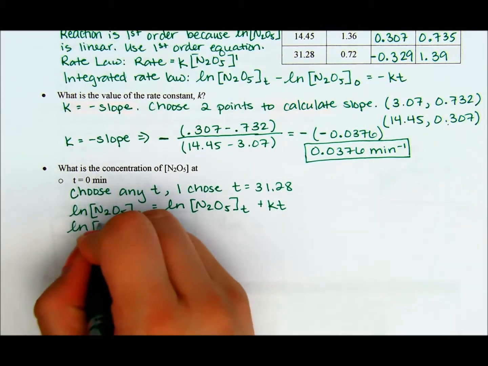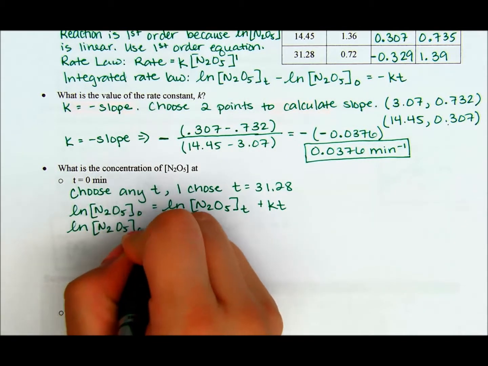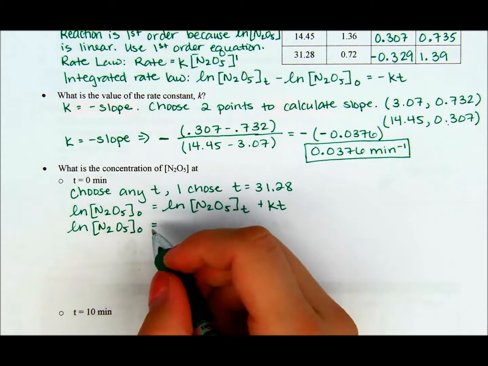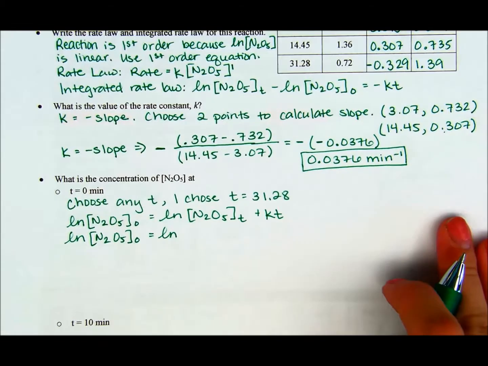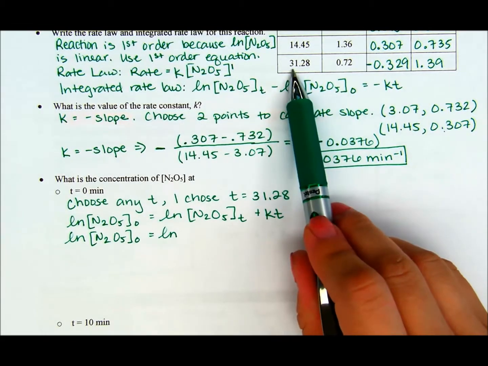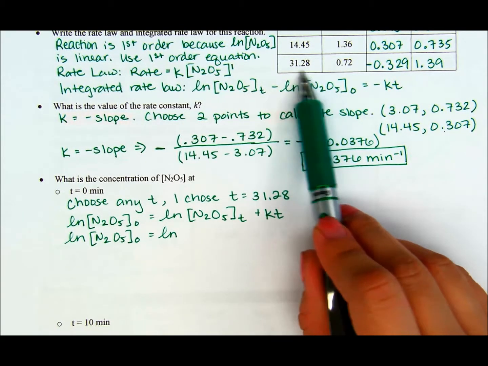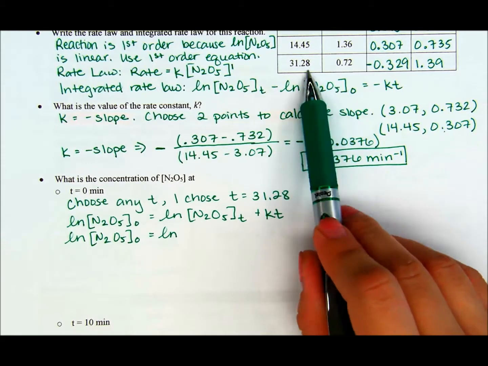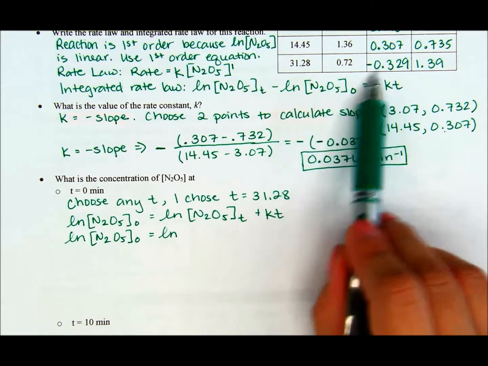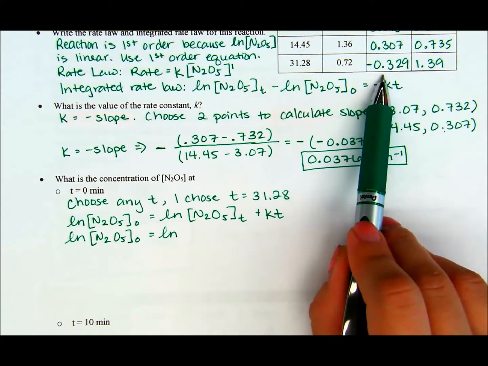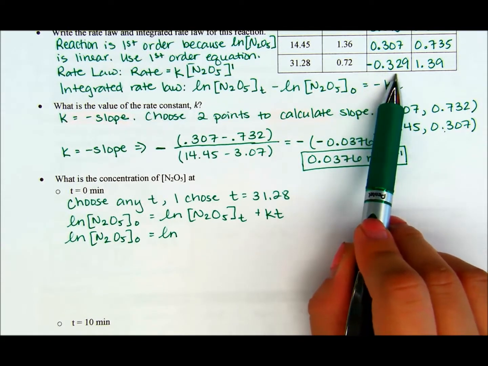So the natural logarithm of N2O5 at time 0 equals the natural logarithm at whatever my time t was. I chose my time being 31.28 minutes, and the natural logarithm of my concentration that matches with it, which is negative 0.329.